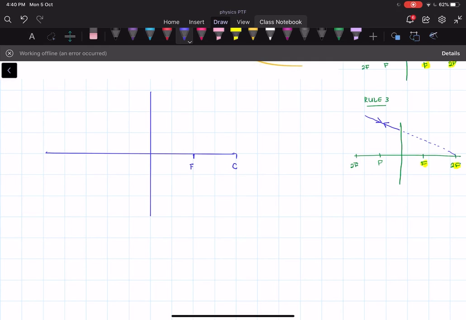So now let's look at a drawing for a convex mirror.